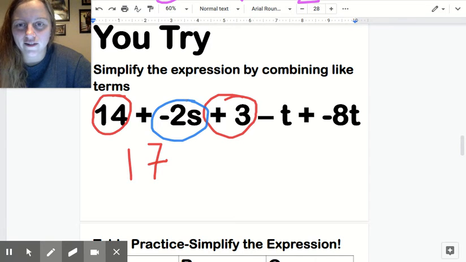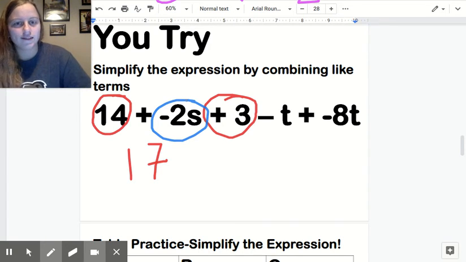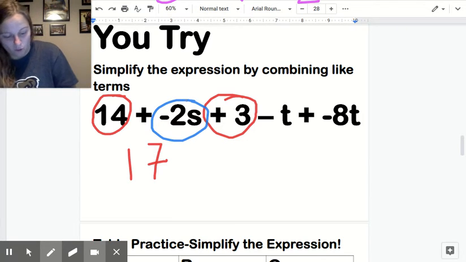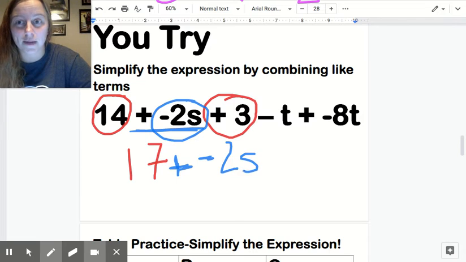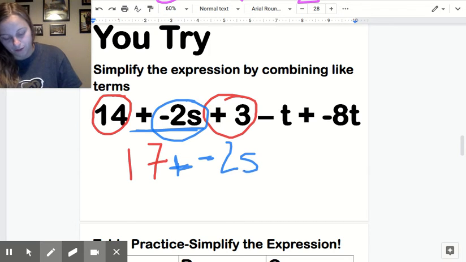Okay, it's just there. So I've got a negative 2s, and that's it. So basically, I'm just going to carry this whole thing down. Plus negative 2s. And like I said before, if the plus wasn't there and you just said minus 2s, it's the same thing. So you didn't need to carry down the plus if you didn't want to.